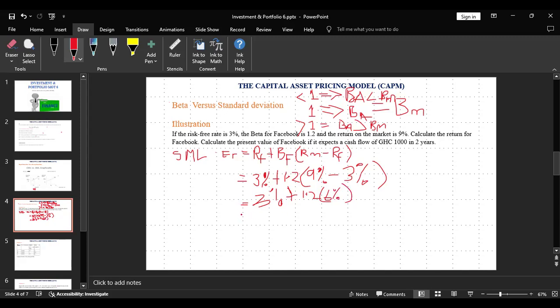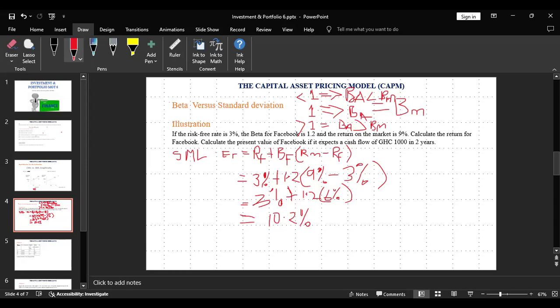I want the total answer. 1.2 times 6% plus 3%. What are we getting? 10.2%. Okay, so that's our rate of return.